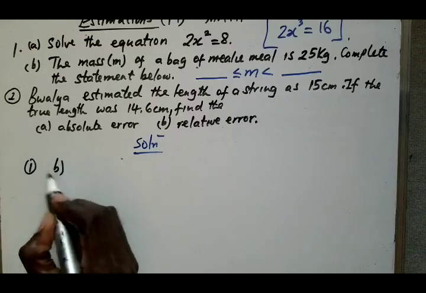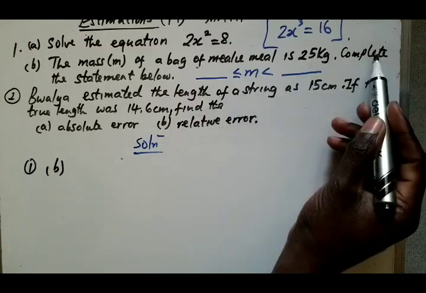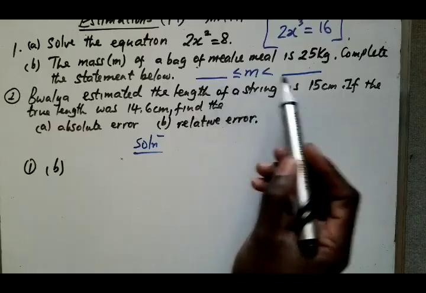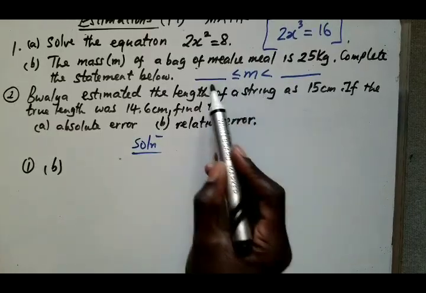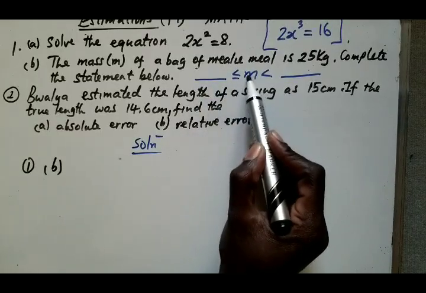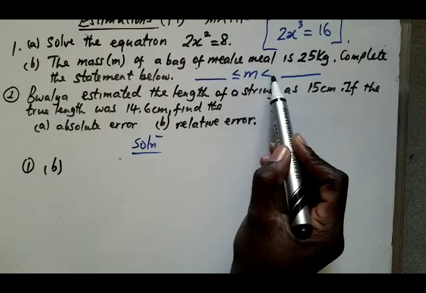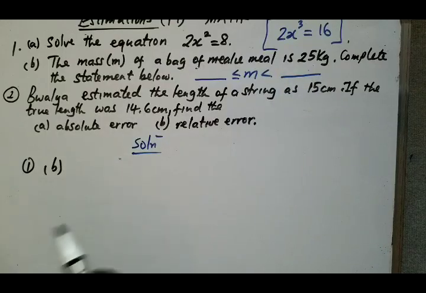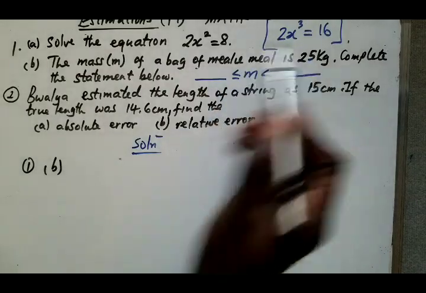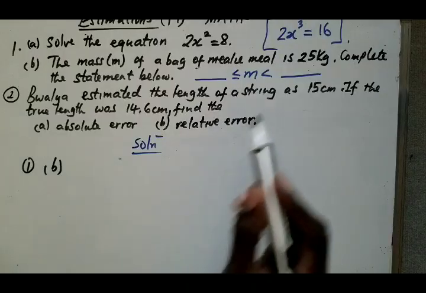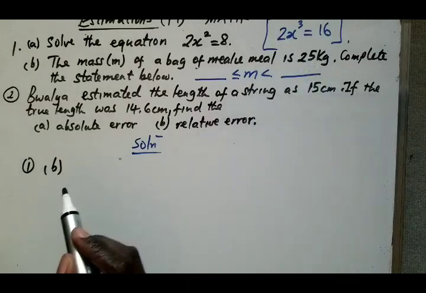Complete the statement. They want you to complete the statement, and that statement says dash is less than or equal to M, which is the mass, which should be less than that one. So how do you complete such a statement when they have given you that? Well, you need to find the upper limit and the lower limit.